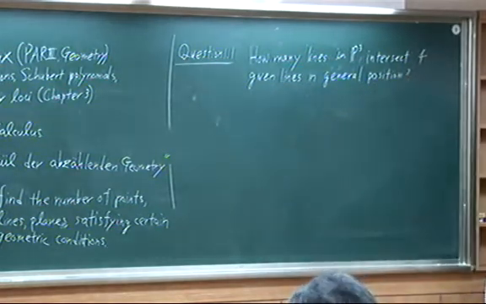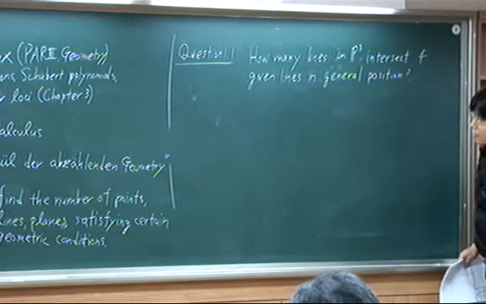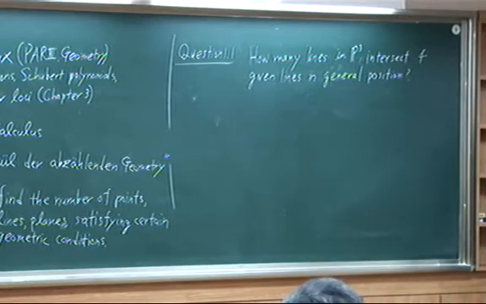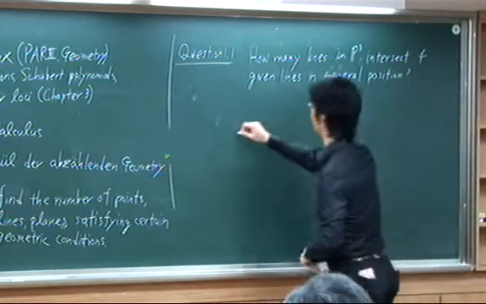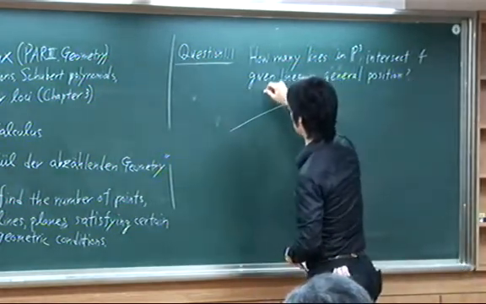How many lines in P3 intersect 4 given lines in general position? This is a typical enumerative problem. Please think about it. There are 4 lines in general position.